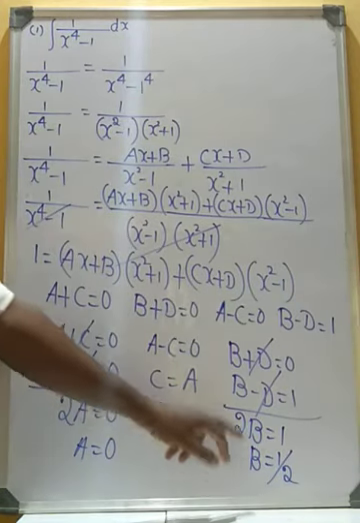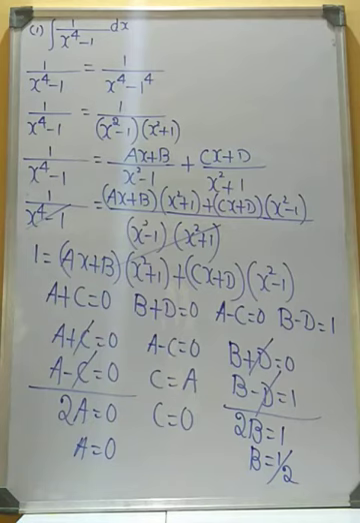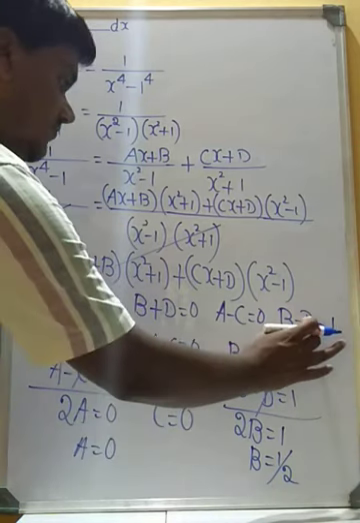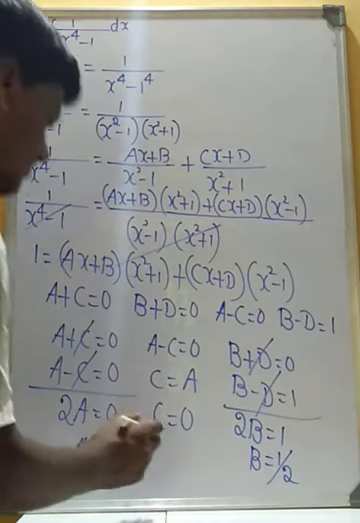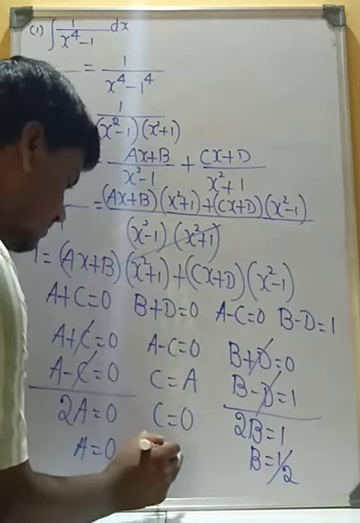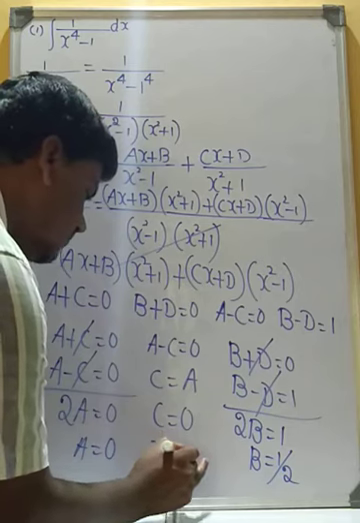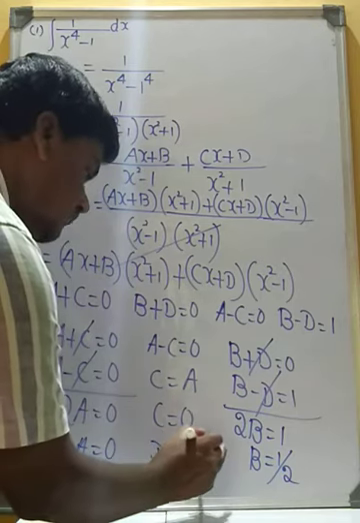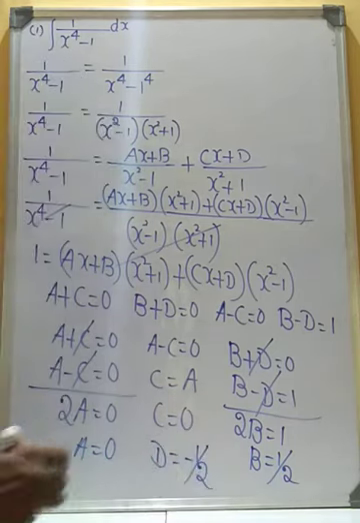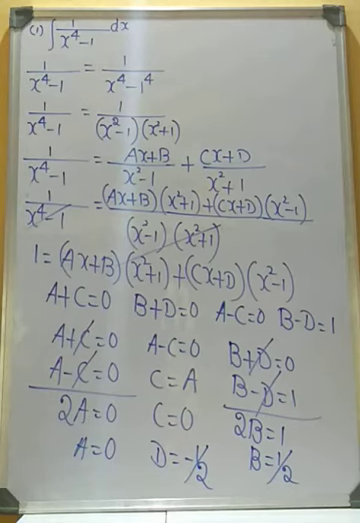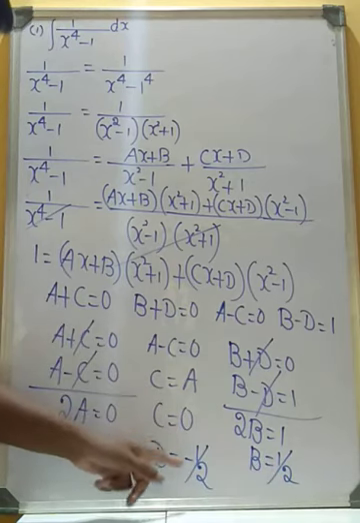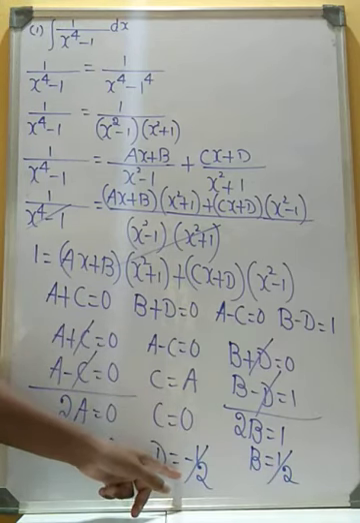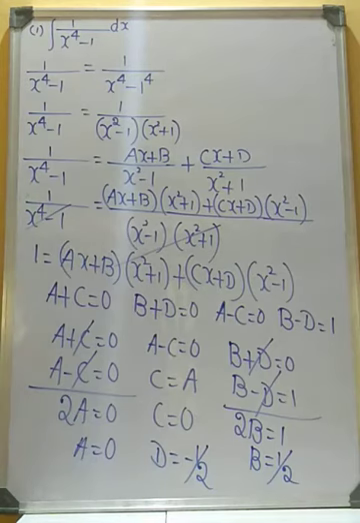Using the b value, find d. From b plus d equal to 0, therefore d equal to minus b, therefore d equal to minus 1 by 2. So therefore a is 0, b is 1 by 2, c is also 0, d is minus 1 divided by 2.